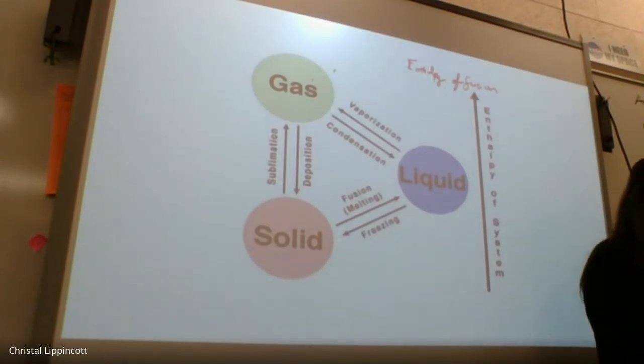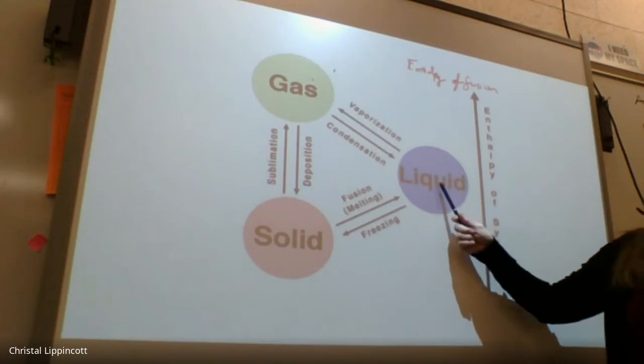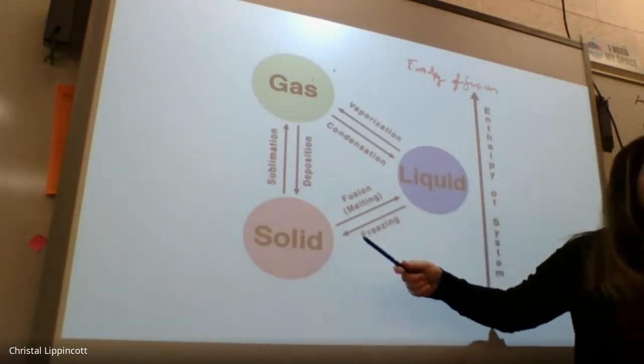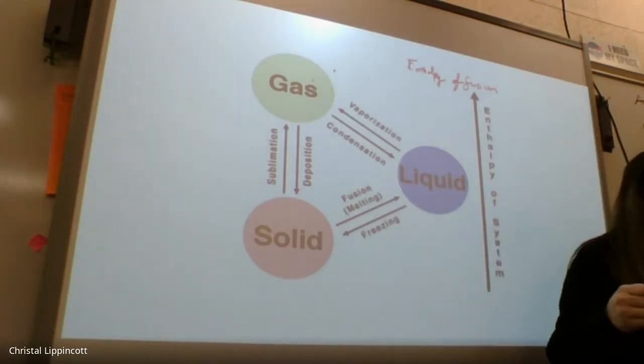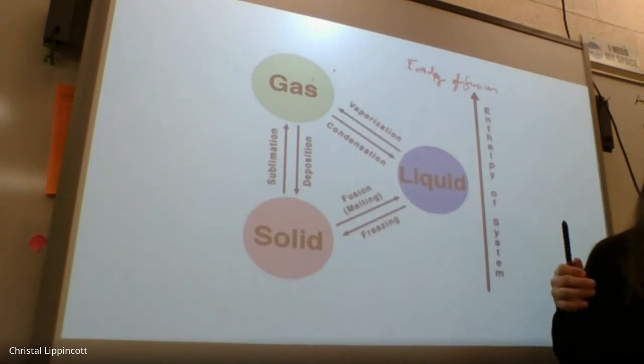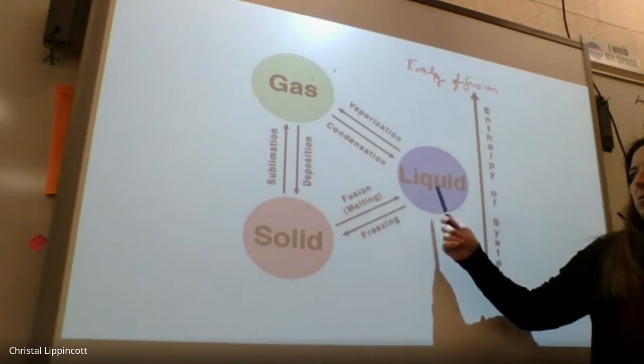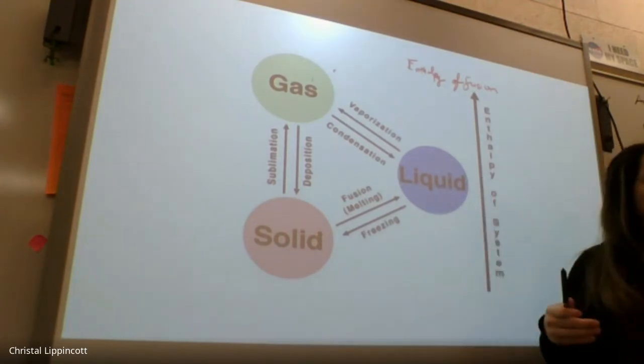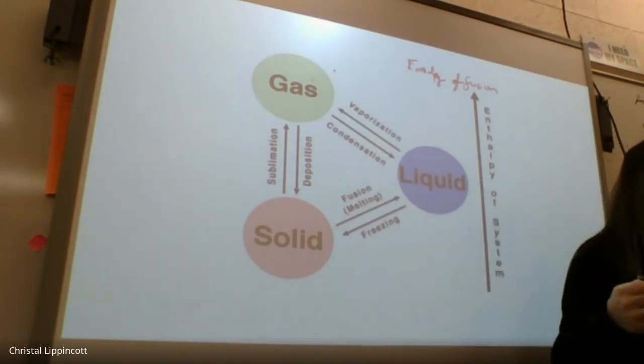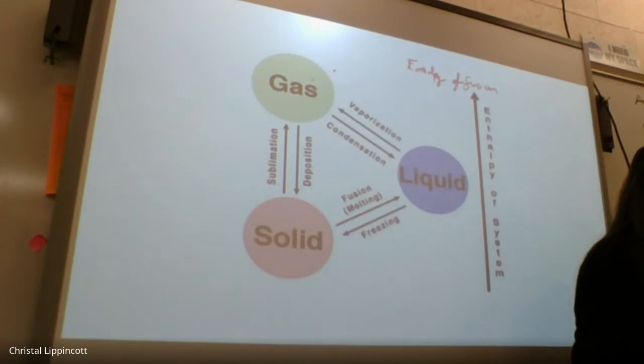So that's where they get the term fusion from. Make sense? So if you're going from a liquid to a solid, it would be the energy that's released during that process out into the environment. Or if you're going from a solid to a liquid, it would be the energy that you would need to input in order to reduce those intermolecular forces.